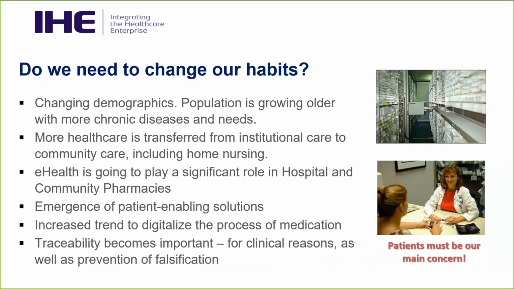If we want to keep up with the quality level of our healthcare, then we must do something about that. So what we see is that to keep the cost down, the institutional care is moving towards the community, including home nursing.